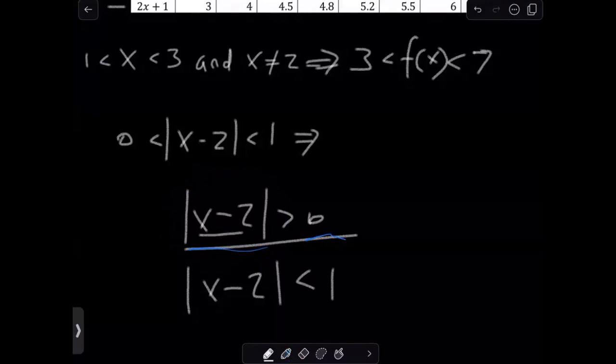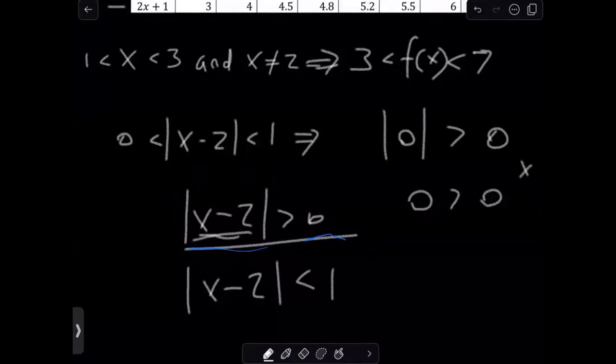What happens if that is equal to 0? Then we're going to have the absolute value of 0 being greater than 0, and we cannot say 0 is greater than 0. This is incorrect. That's the condition we need to deal with, when whatever is inside the absolute value is equal to 0. It's supposed to be 0 is equal to 0, that's a correct statement. We can't say 0 is greater than 0.